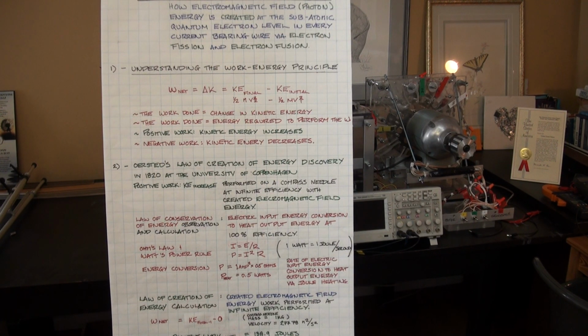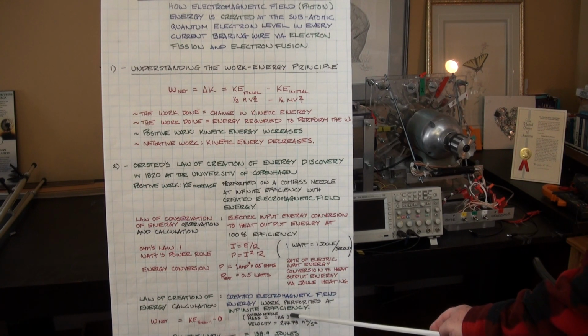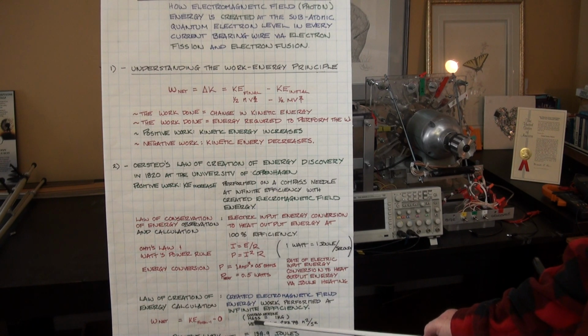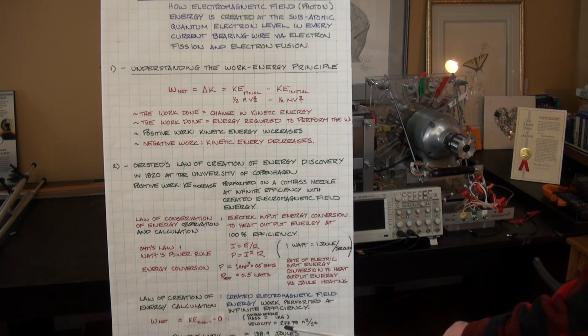And the kinetic energy change of the compass needle was being performed by the law of creation of energy. And if we assume that the compass needle had a mass of 1 kilogram and a velocity of 277.78 meters per second, the positive work on the compass needle would have been 138.9 joules.